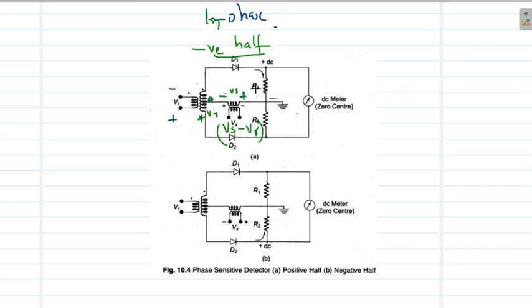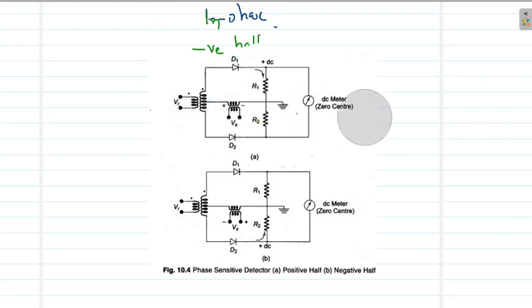So the upper half is not at all conducting, and the lower half has a low current due to the voltage Vs minus Vr. So during the negative half cycle, the DC meter, the galvanometer, will show a leftward deflection corresponding to the voltage developed across R2.